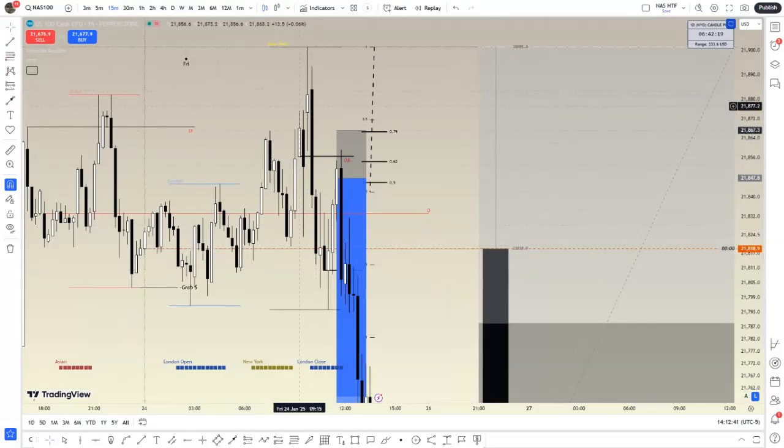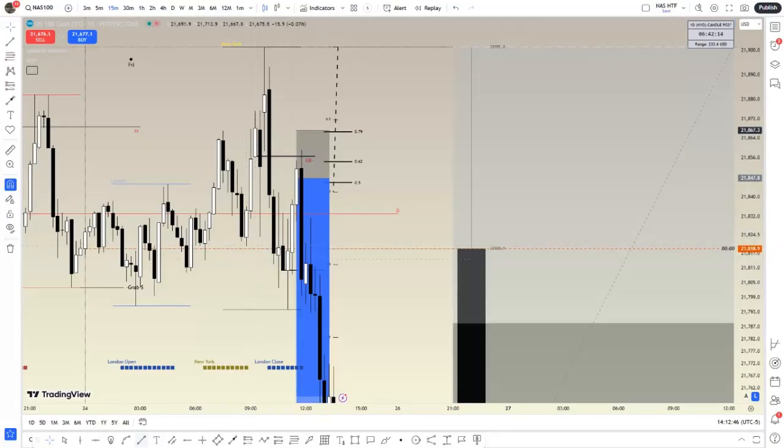This is what you want to see: drop with velocity, shift delivery. Once price closes below here with this candle, it's shifting delivery for bears.